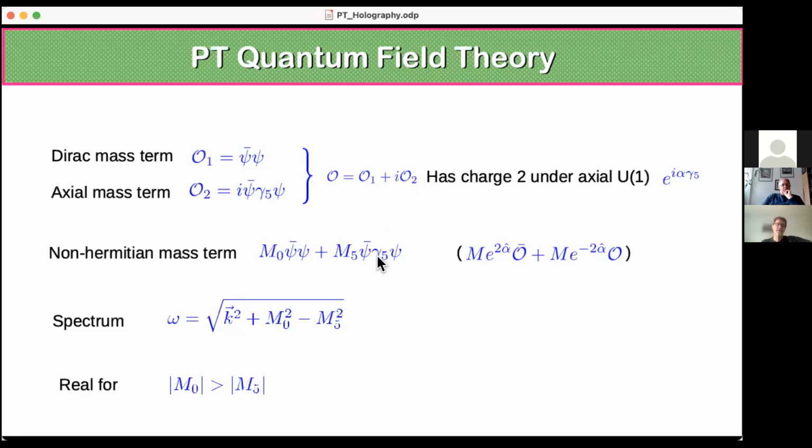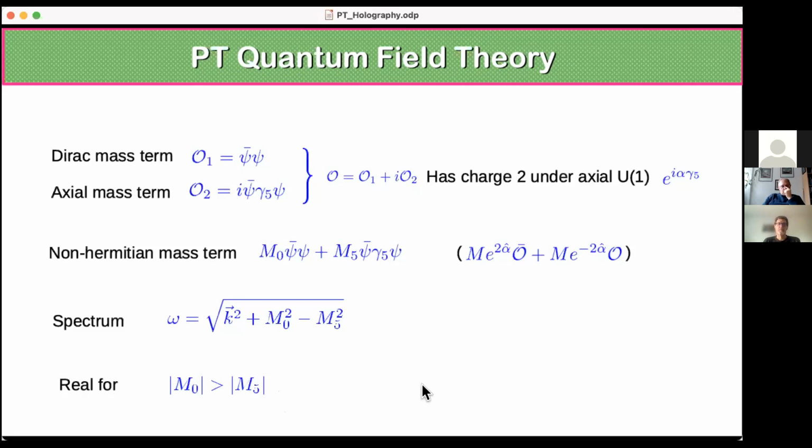And if you calculate, at least in the free theory, it's easy to calculate the spectrum of this theory, and the spectrum is very similar to what we had before. It's momentum squared plus the Hermitian mass term squared minus the non-Hermitian mass term squared. And again, this spectrum is real as long as M5 is smaller than M0, the Hermitian mass. So this is a very simple quantum field theoretical model, which also implements this PT symmetry.